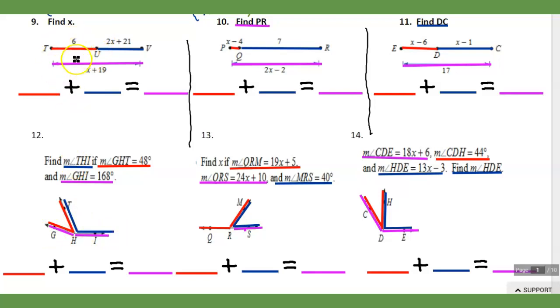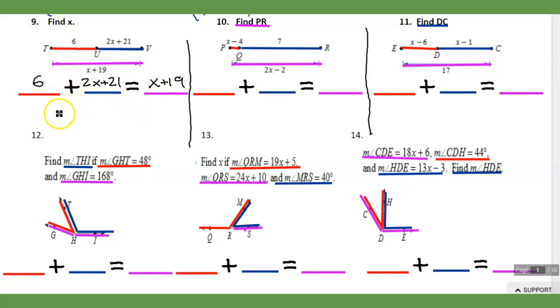So with the segments, we just have to have this in mind. The red, TU, is going to be 6. The blue here, the other small piece, is going to be 2x plus 21, and that'll add up to the large measurement, the whole length, which is x plus 19. Then we just need to solve this equation to find out what x equals.